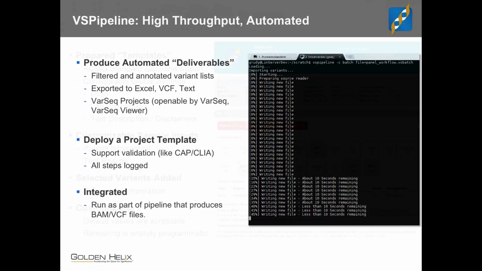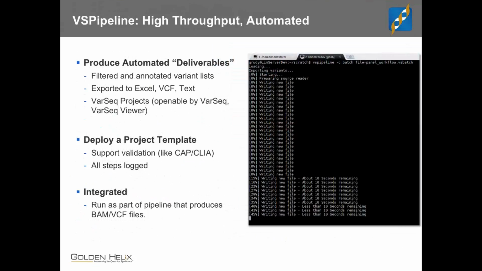So again, for our high throughput users, our VarSeq pipeline offers a way to run samples through the workflow in an automated fashion. So once you've saved a VarSeq project as a template, and I'll show you how to do that here in a few minutes, you can then use that particular template in a VS pipeline command line environment. And essentially all that does is it runs through your workflow as you would on your VarSeq interface.